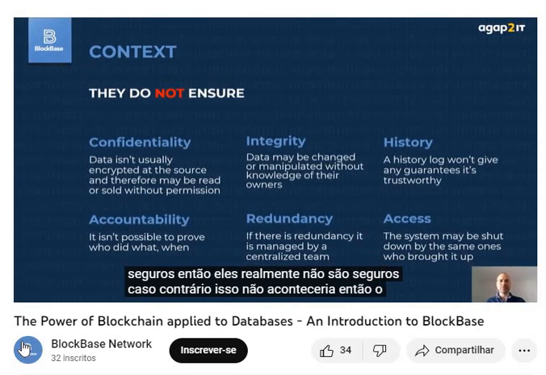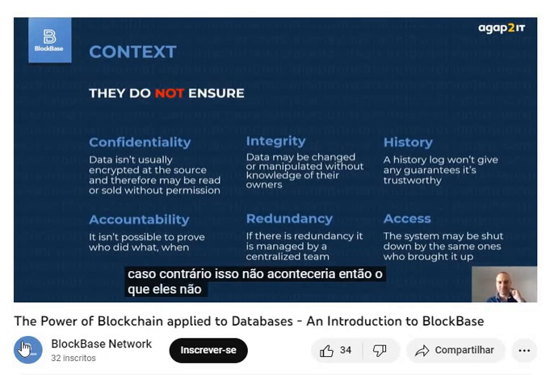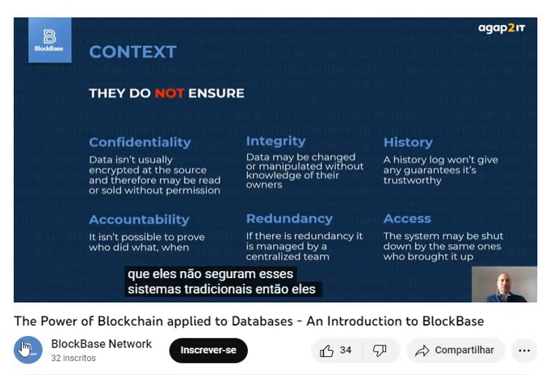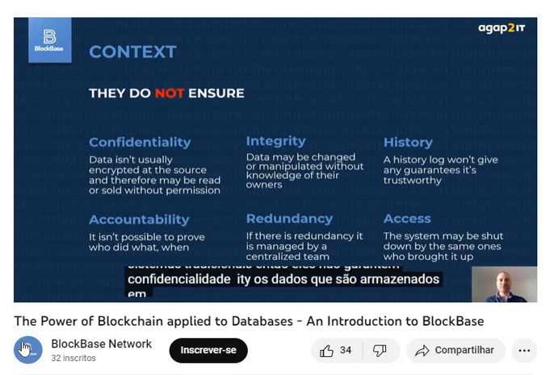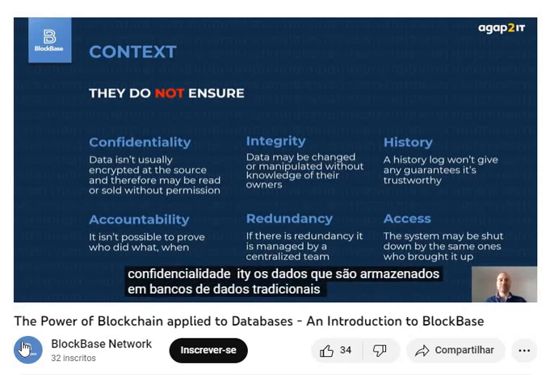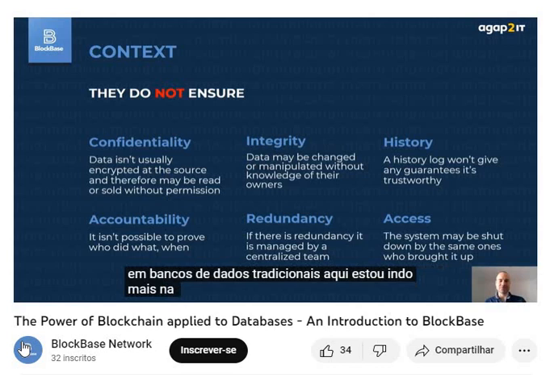So what do they not ensure, these traditional systems? They do not ensure confidentiality. The data that is stored in traditional databases, here I'm going more in the direction of databases because that's what BlockBase is all about.